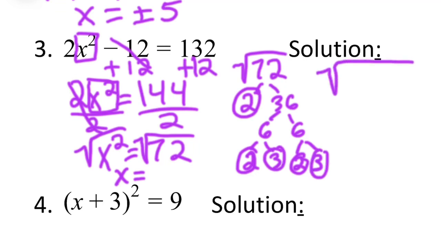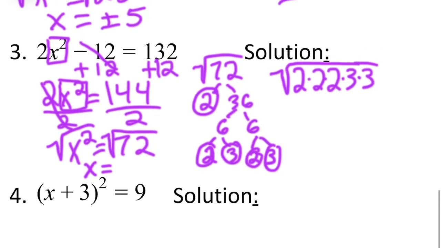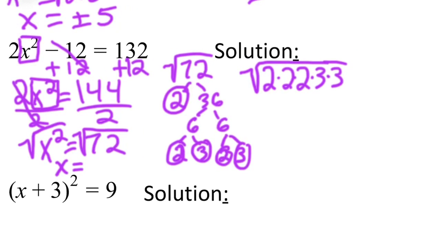So underneath our radical, we have 3 2's and 2 3's. So what is our understood index? What is that small number right here? 2. So that means we're looking for groups of the same number of 2.